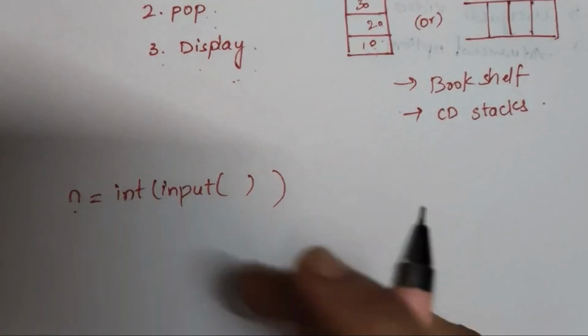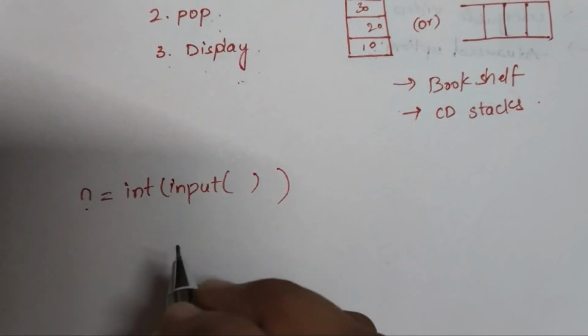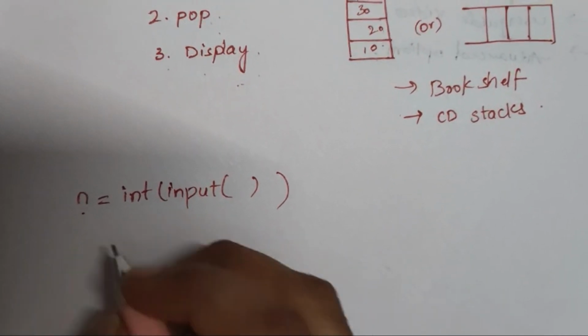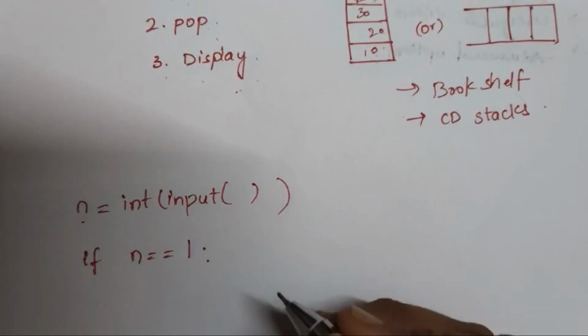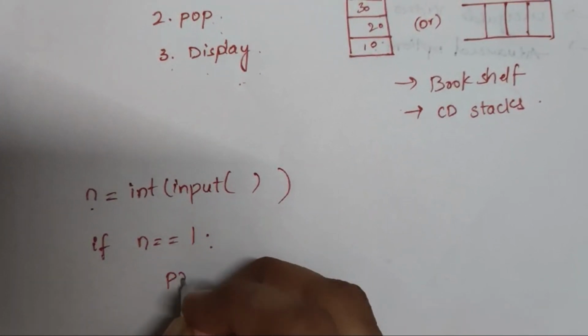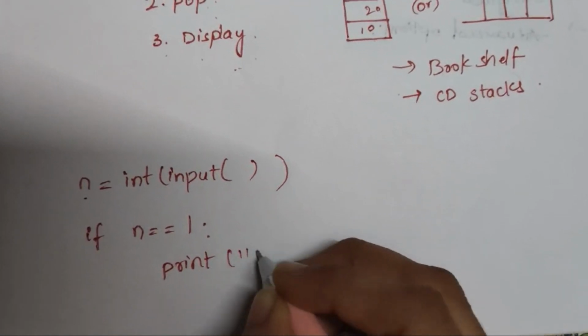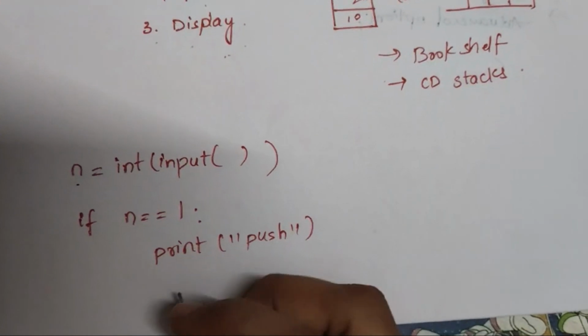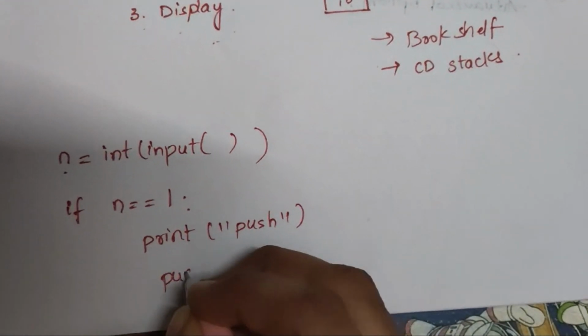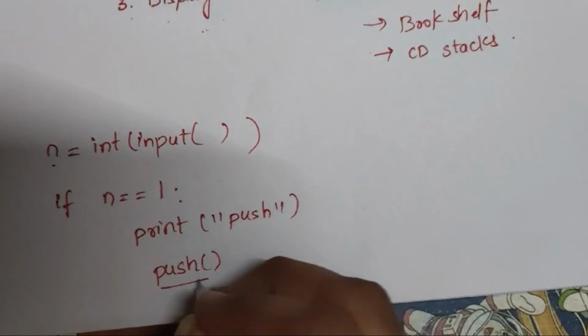So take the input. Simple if and else statements we know, right? If n equals 1, then what we should do? Print push. We need to push the elements. So we'll be performing the push operation.